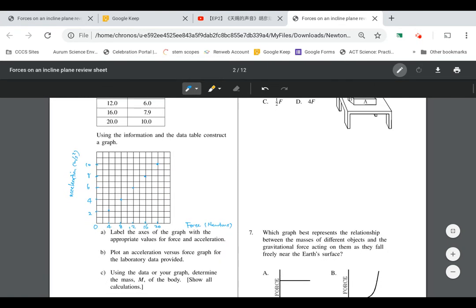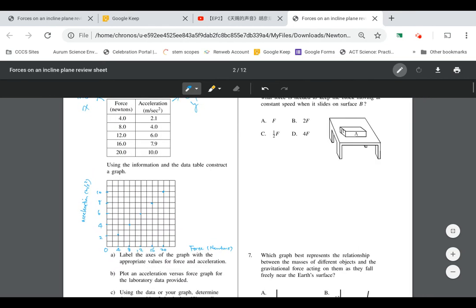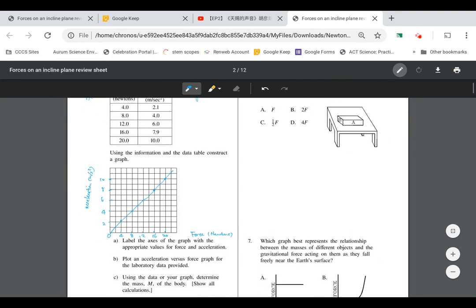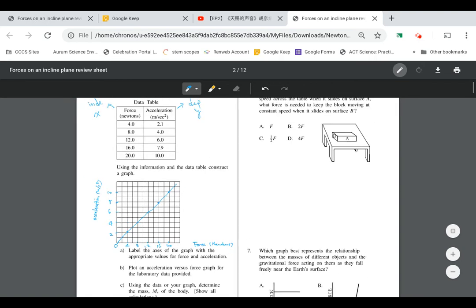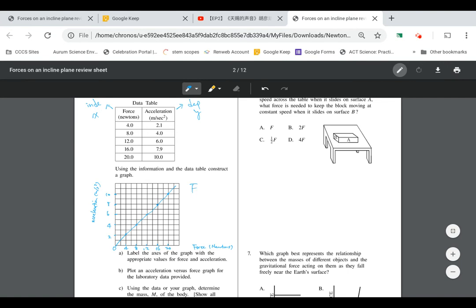And use the data on your graph to determine the mass. Show all calculations. So, first of all, let's draw the best fit line. Sorry, I don't have a ruler. If you have a ruler, you can draw a much better line. And as for calculation, F equals ma, right?